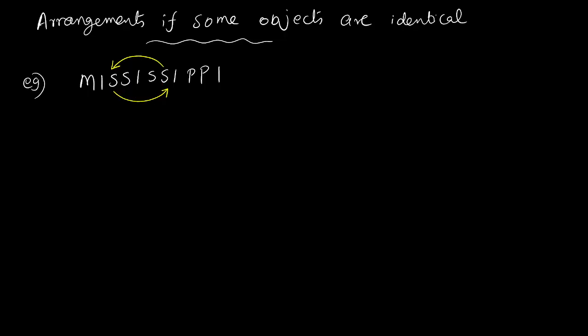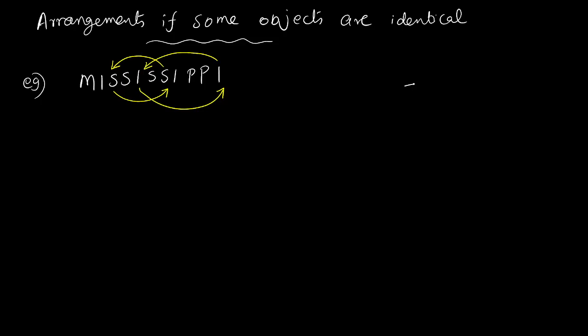There are plenty of such cases. For example, if this I goes to this position, still you will be getting the same word. So such interchanging will not be considered.